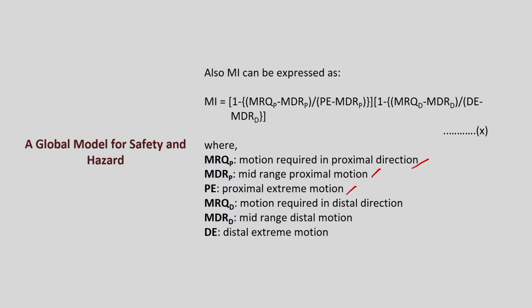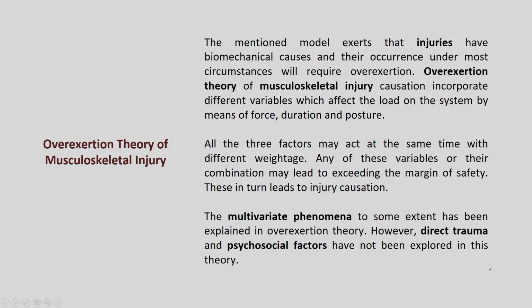All these variables you need to understand, calculate, measure separately and put into MI. Okay. So, that will finally give you the kind of load or safety available for that particular job.